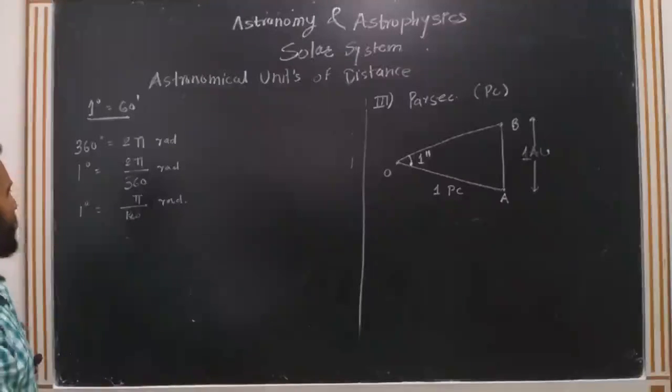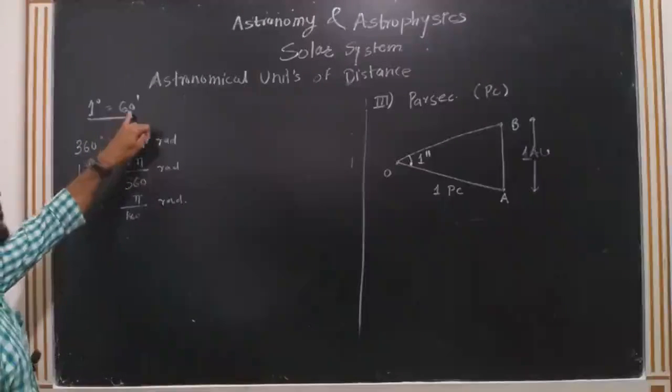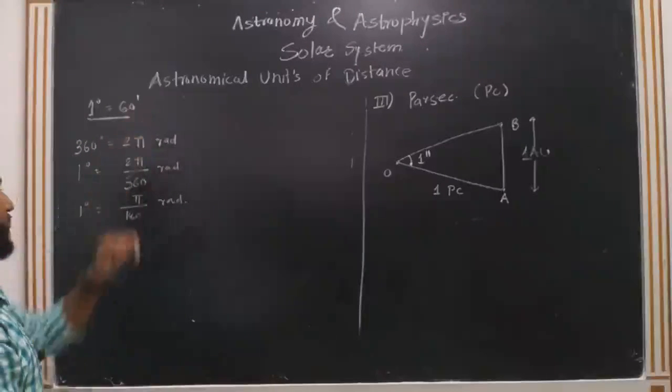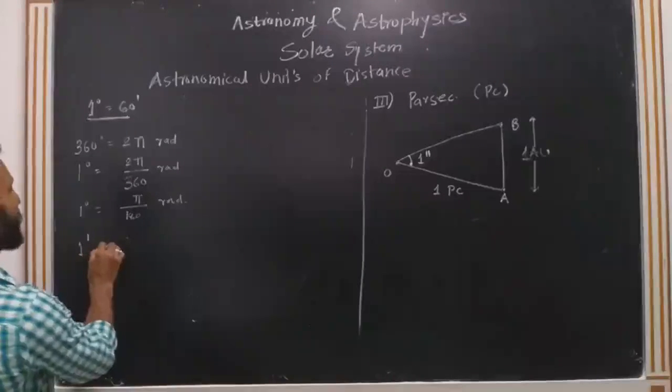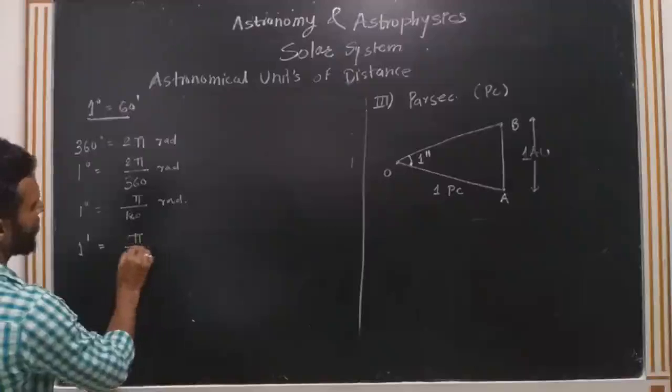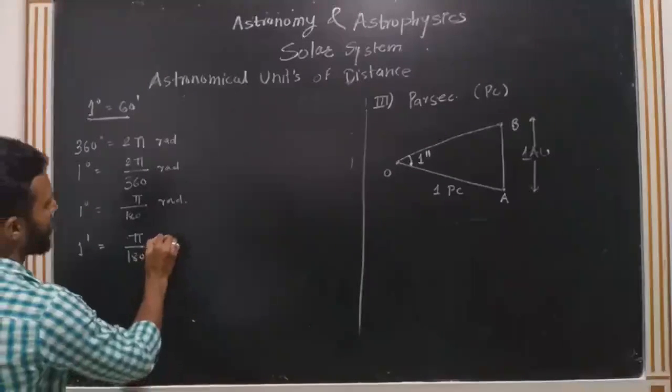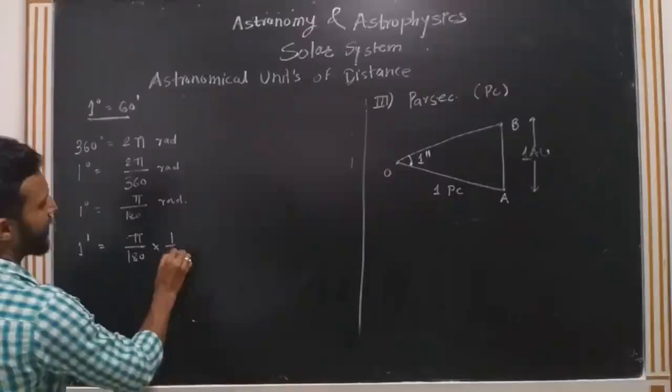And 1 degree is equal to 60 arc minute, so 1 arc minute equals pi upon 180 into 1 by 60 radian.